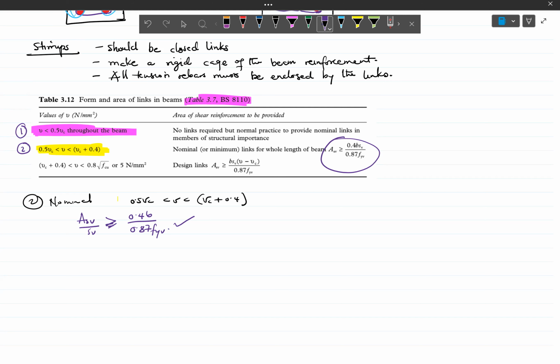Then the third case. All right. So the third case states that if our shear stress at a particular section is more than the concrete shear stress plus 0.4, then we need to do a proper design and provide shear links.